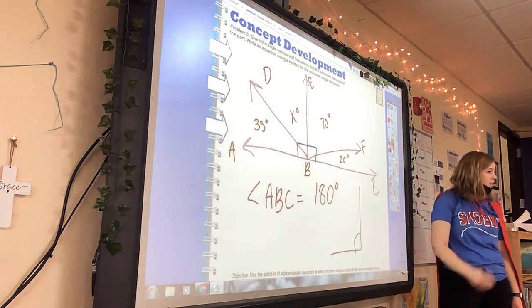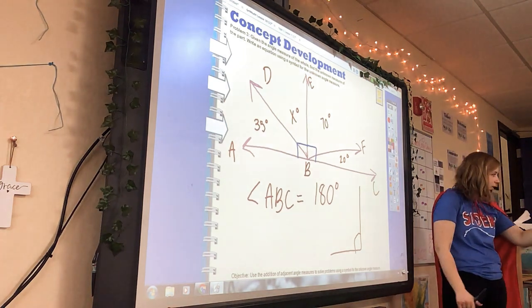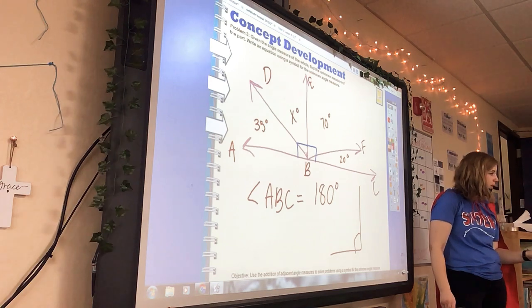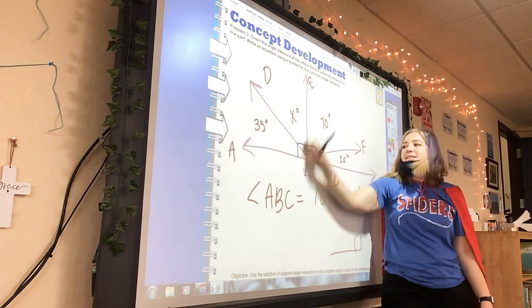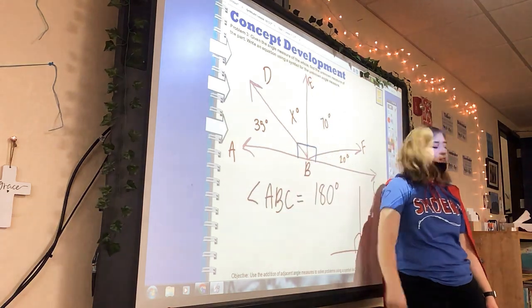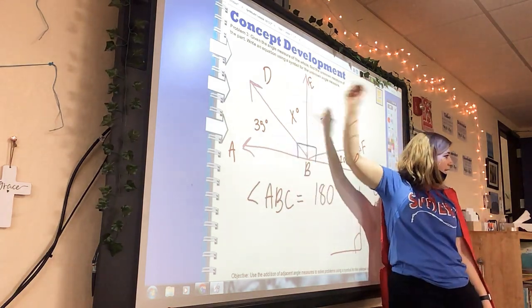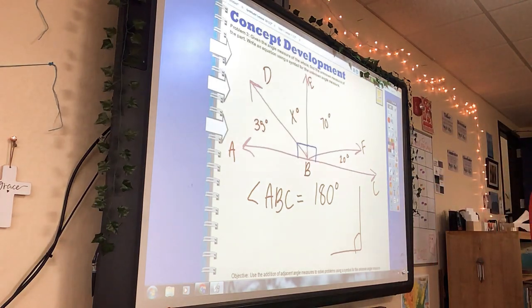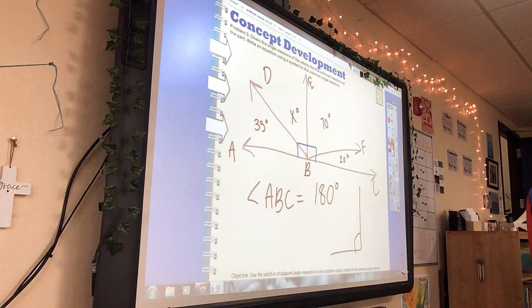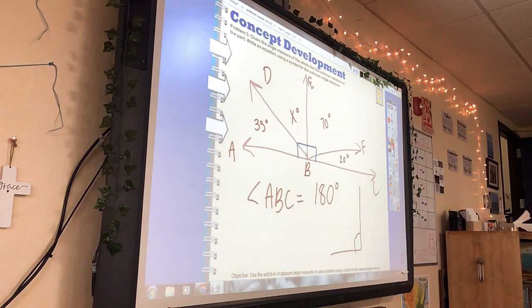It's a right angle. What does right angle mean? 90 degrees. So if this has a box right there, what does this equal? 90 degrees. So you know 35, so how are you going to find x? 35 minus something. Bingo. Do that first.